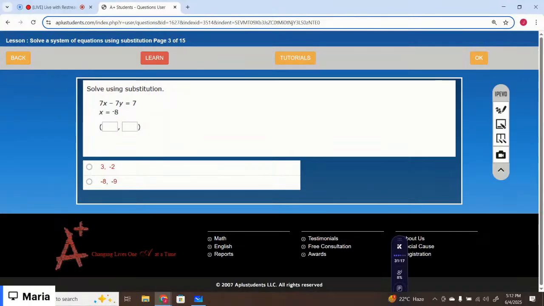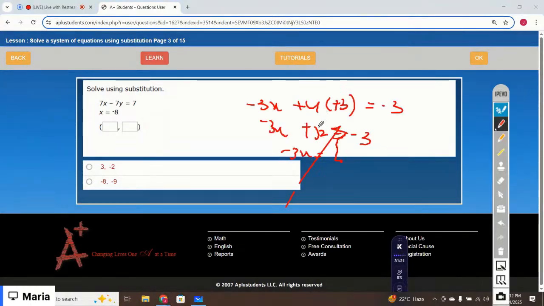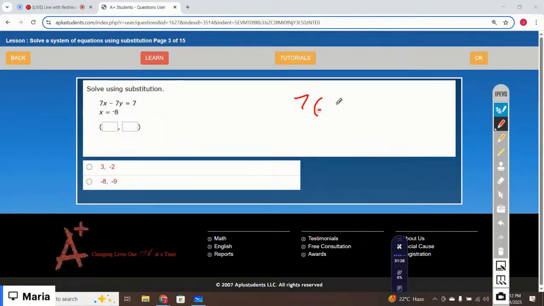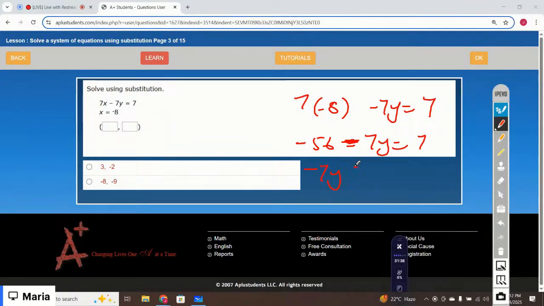Solve using the equation 7x minus 7y equals 7. We are given x equals negative 8, so replace x with the value and solve the equation for y. 7 times negative 8 is negative 56, minus 7y equals 7. Move negative 56 to the other side, that is 7 plus 56.